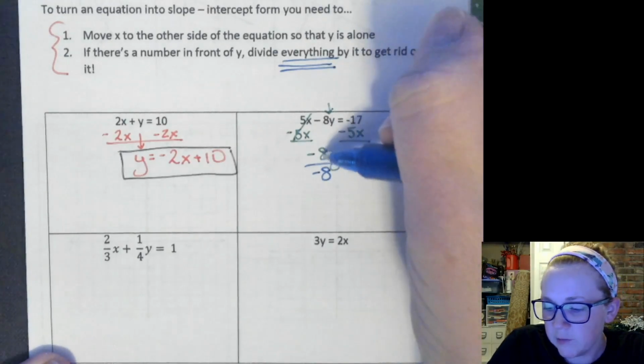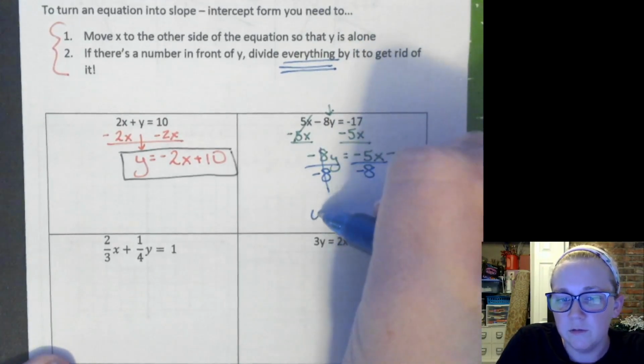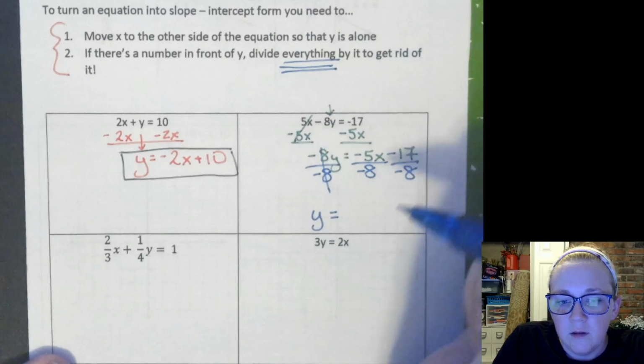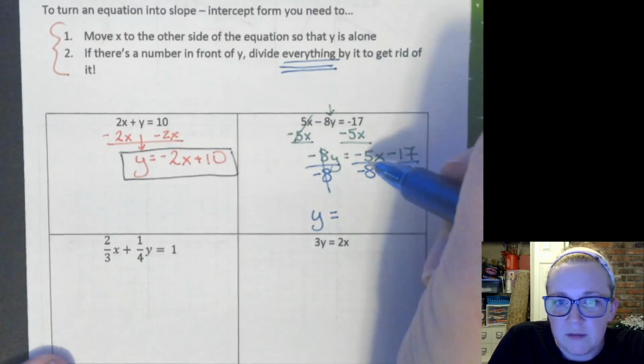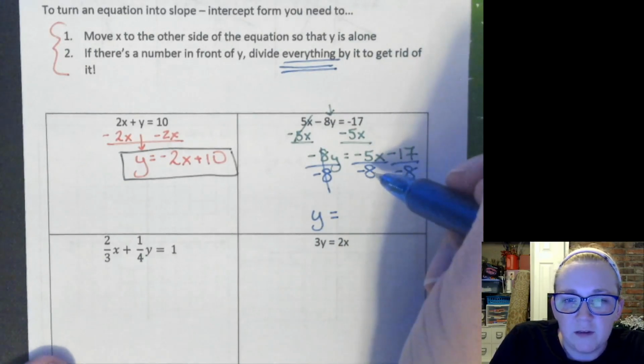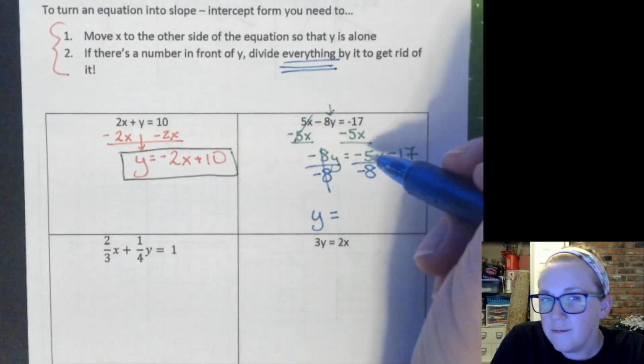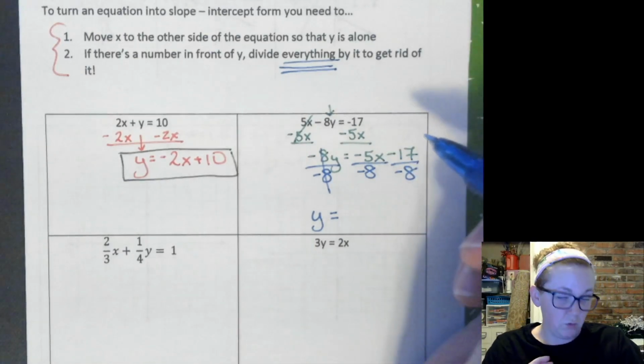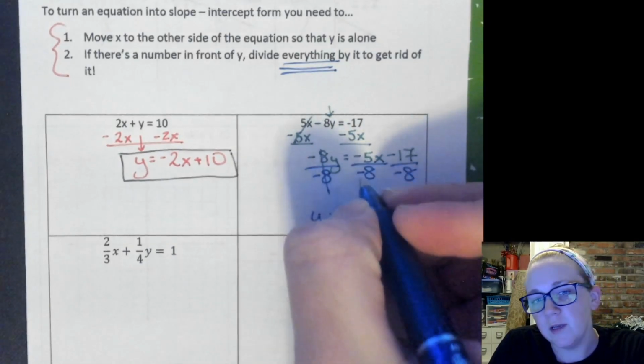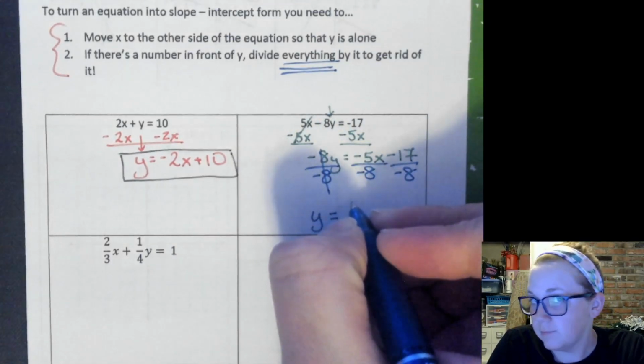Okay, so these negative 8s are going to cancel. And then we're going to have negative 5 divided by negative 8. So does 8 go into 5? Hopefully you said no. Okay, but we did have two negatives, and two negatives make a positive.